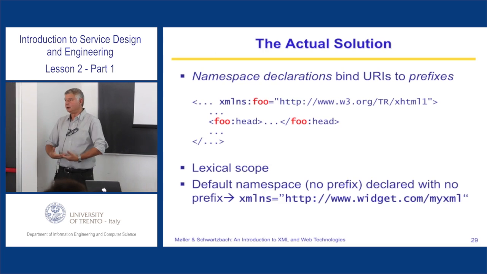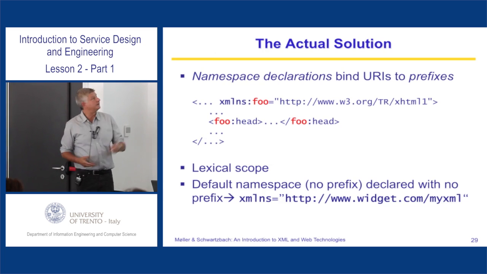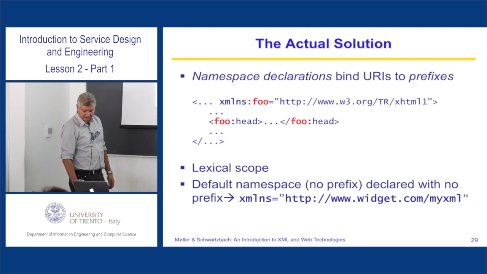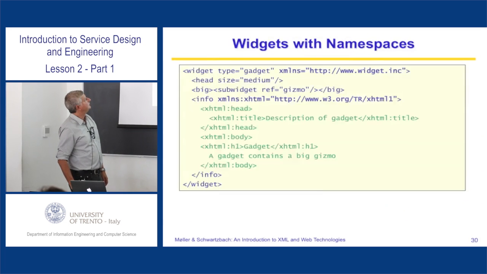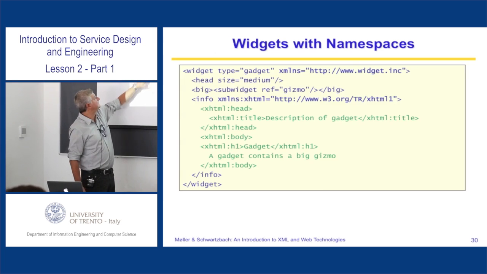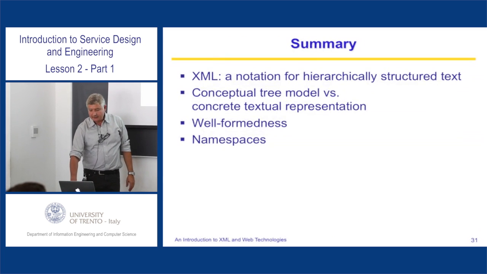If you are mixing more than one language in one file, then one is the default, and you have to specify the remaining ones with the other solution in order to make it work. In the previous example, the generic one was the www widget, and the specific one was the extensible HTML. This one has to be specified, all the other ones don't need to be.